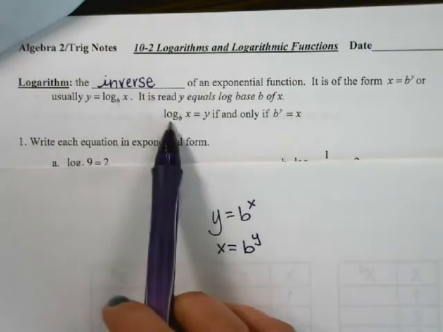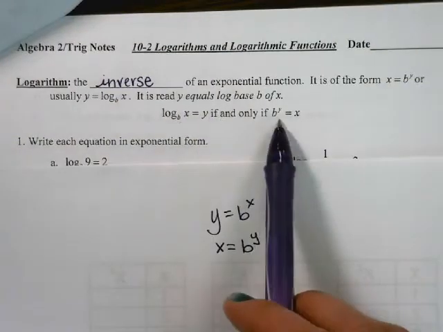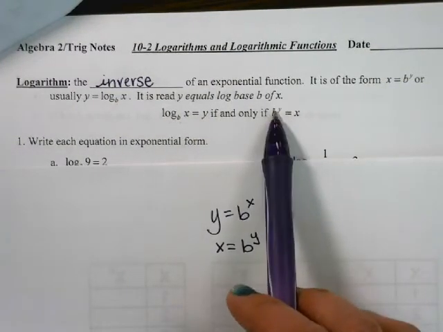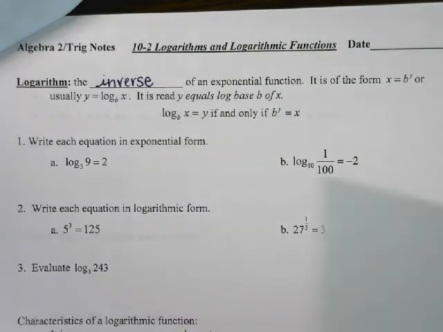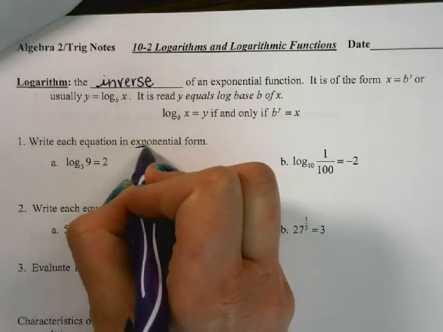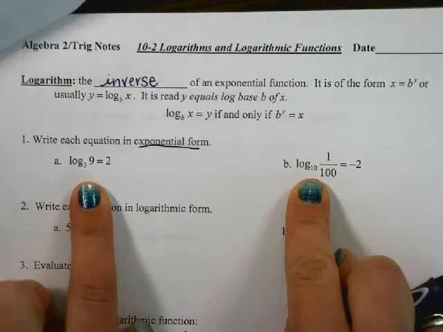We call this logarithmic form. If you see the word log, it's logarithmic form. This guy we call exponential form. Okay, so the first thing we're going to do is just practice changing between those two forms, because they're useful in their own right. So these guys right here, number one, I'm giving you in log form.